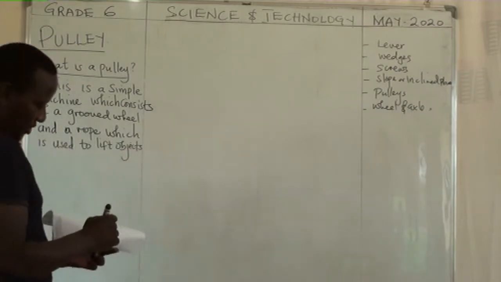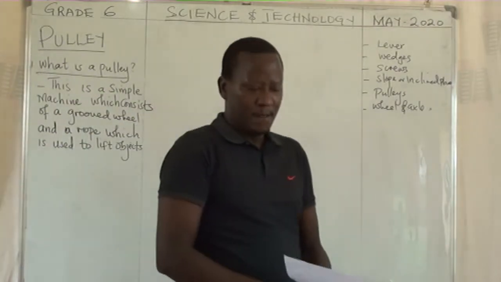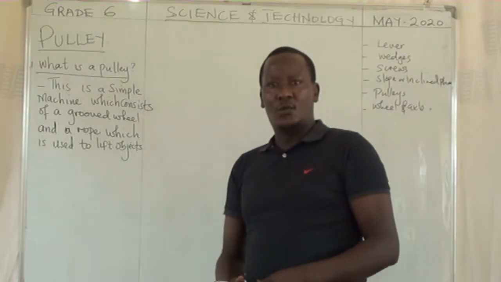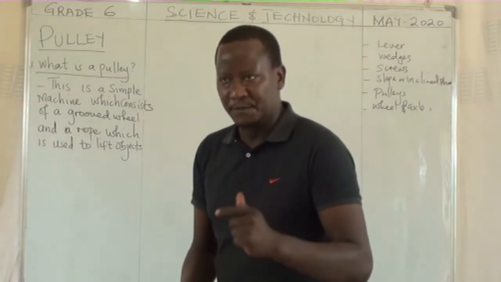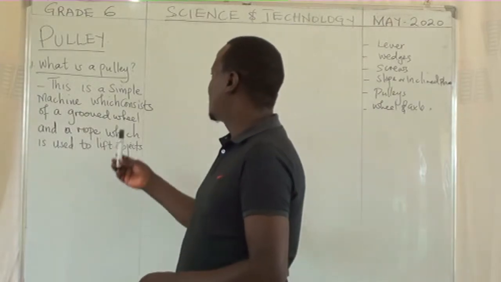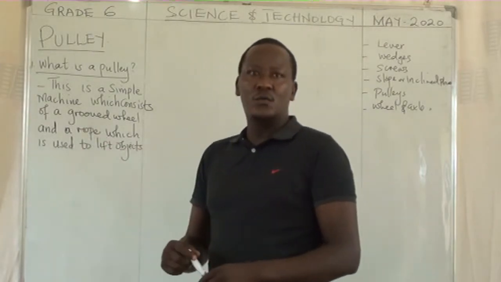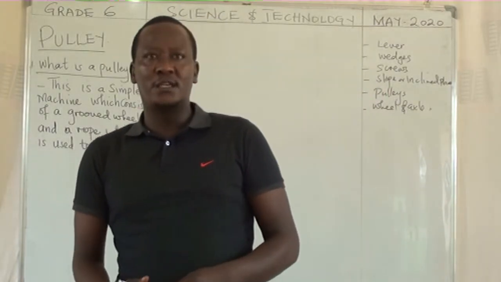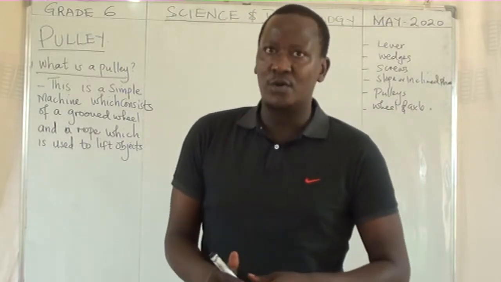We can go through together and say a pulley is a simple machine, one of the categories of simple machines, which consists of a grooved wheel. And you understand the shape of a wheel: it is circular or round.